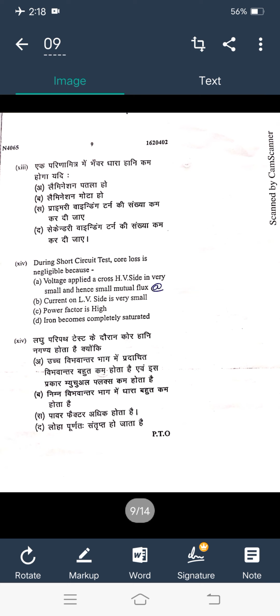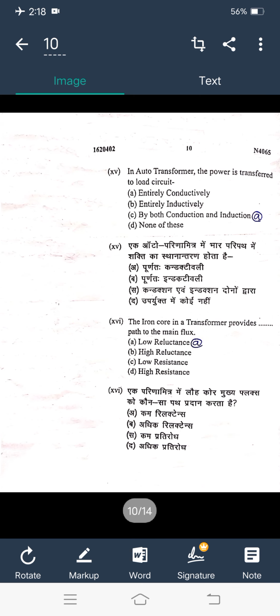Here very small mutual flux occurs and core loss is negligible. So the right answer for question 14 is option A.